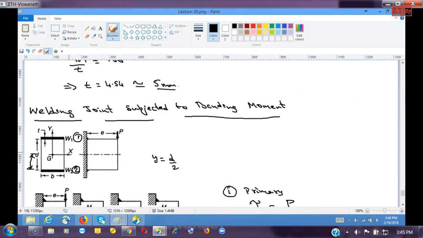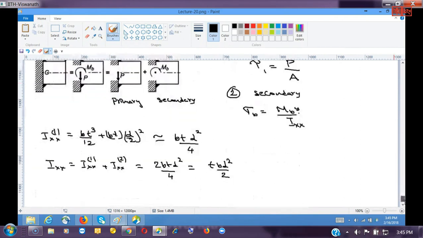So sigma B is equal to MB d by 2 divided by t B d square by 2, so sigma B is equal to MB by t B d. But this is only the axial stress.